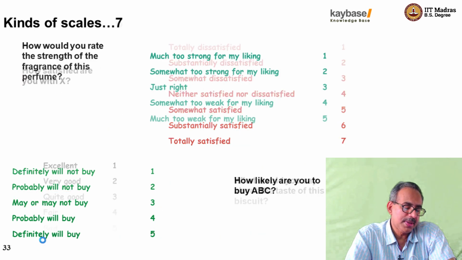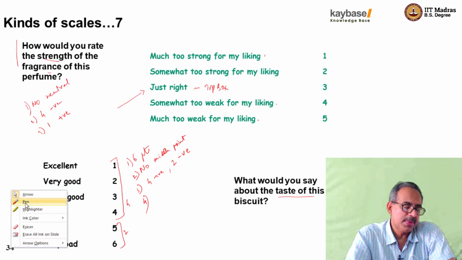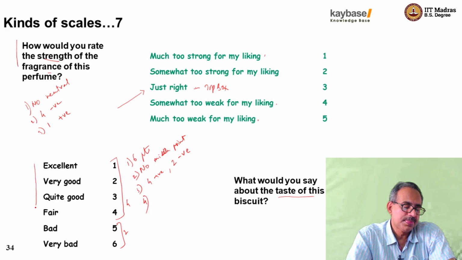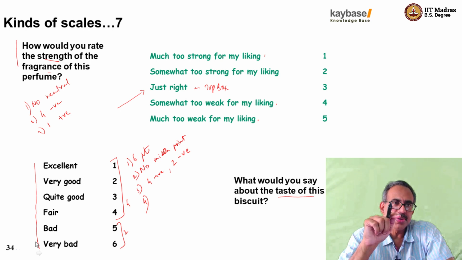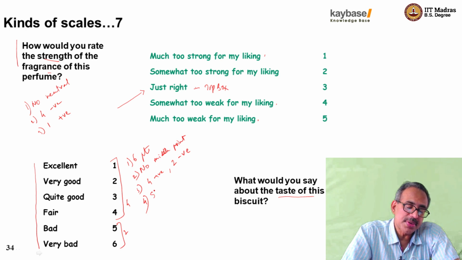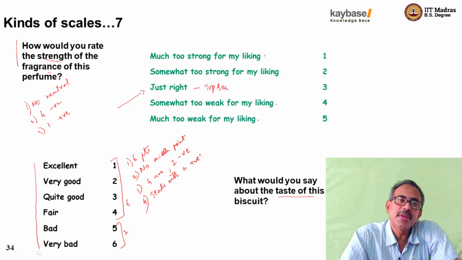Now read out this scale and tell me if we can spot the difference. Excellent, very good, quite good, fair, bad, very bad. Are you able to put your finger on the difference? Fourth difference. You already correctly pointed out 3 differences. The fourth difference is that this starts with a positive. The others start with a negative.